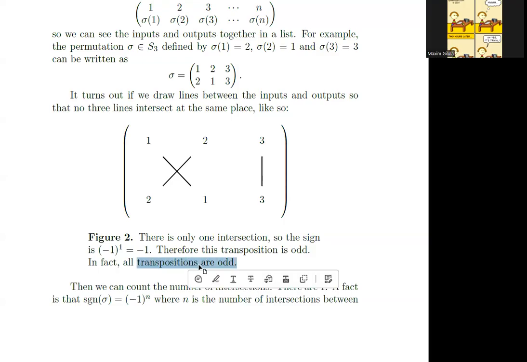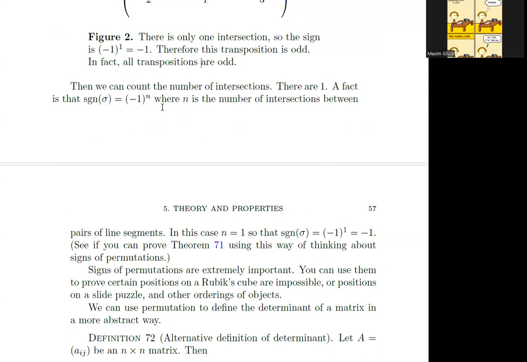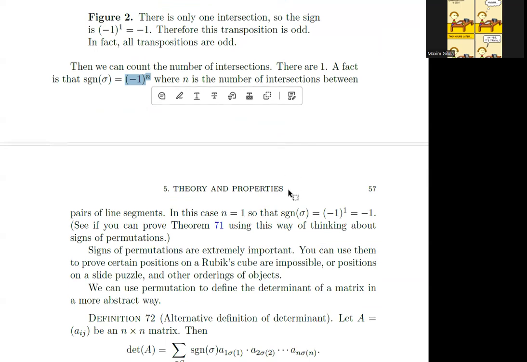And actually, all transpositions are odd, which you could try to count by drawing the diagrams and convincing yourself that this is true. In general, the sign is minus 1 to the n, where n is the number of intersections between pairs of line segments. And in this case, n is 1.